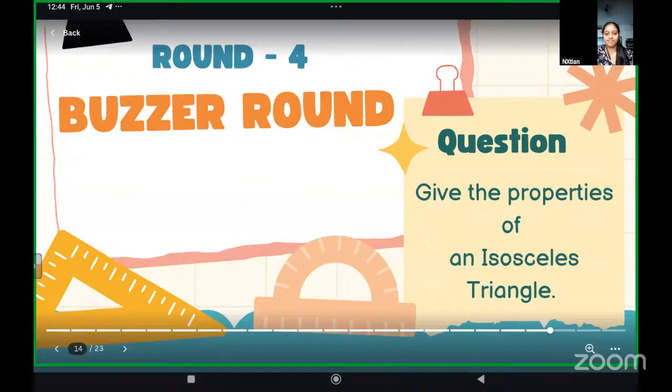Hannah. Ma'am, the angles opposite to the equal sides are equal, and the sides opposite to the equal angles are also.